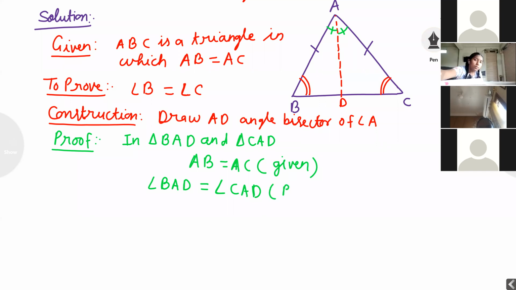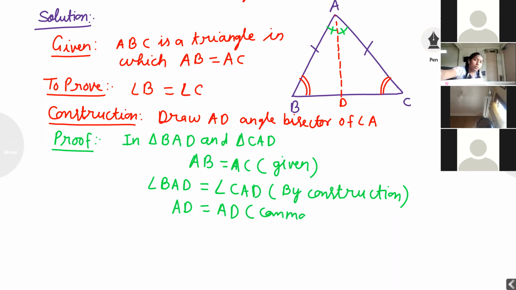This is by construction. Next, what is the common length here? AD is common. AD is equal to AD. Common.